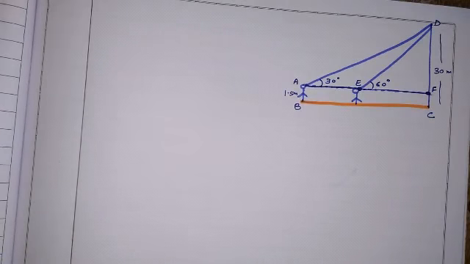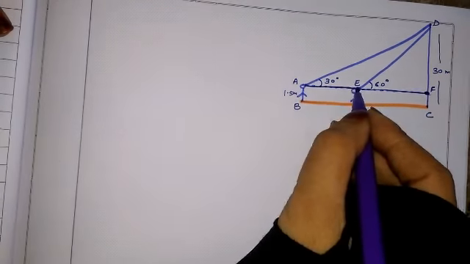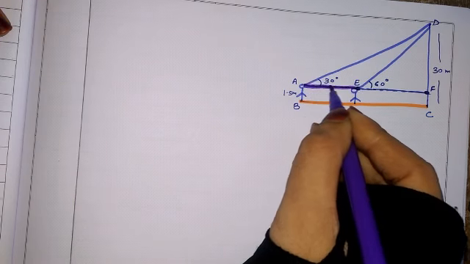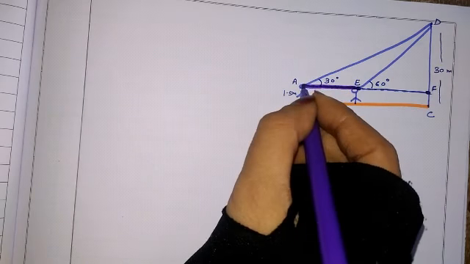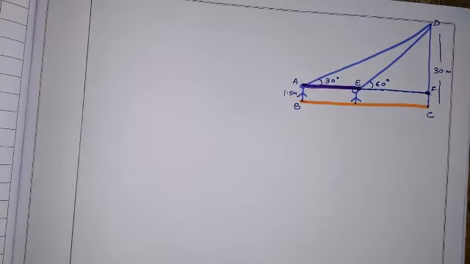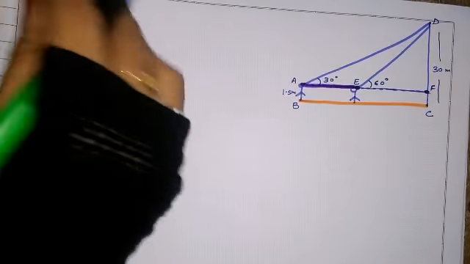And we need to find, which I'll highlight with a different color, AE. They have told us to find the distance he walked towards the building. How much distance did he walk? A to E he walked. So we need to find AE. How will we find it? First let us write the description.